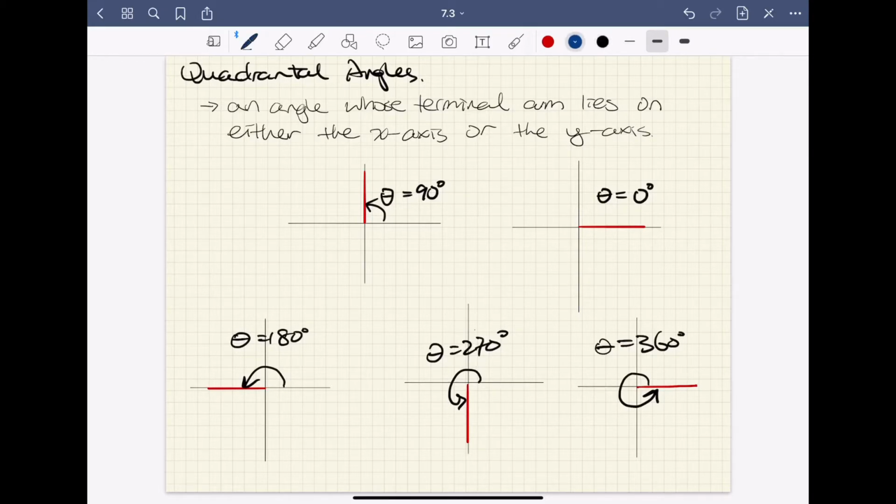Okay, so basically, any angle that is a multiple of 90 degrees is a quadrantal angle.